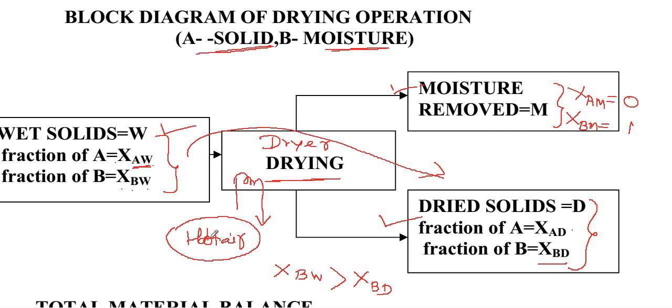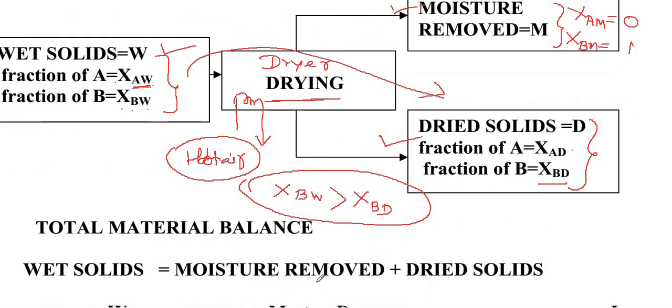So this is the important condition when you go for the drying operation: the fraction of moisture in dry solid must be less than the input. That is the essential thing.